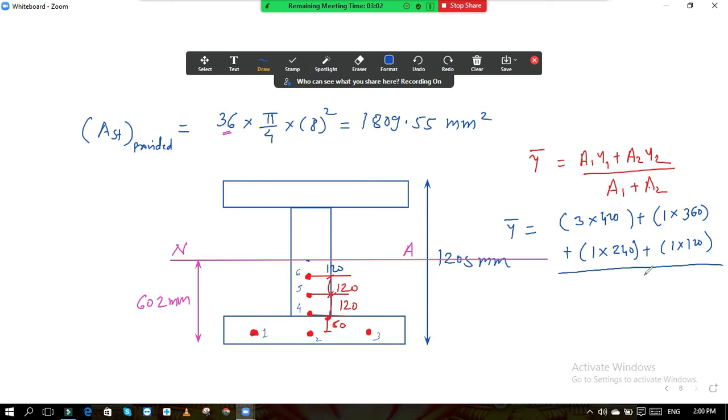And the whole is divided by 6, the number of bars. 3 plus 1 is 4, 5, plus 1 is 6. So your y bar will be 330 mm.